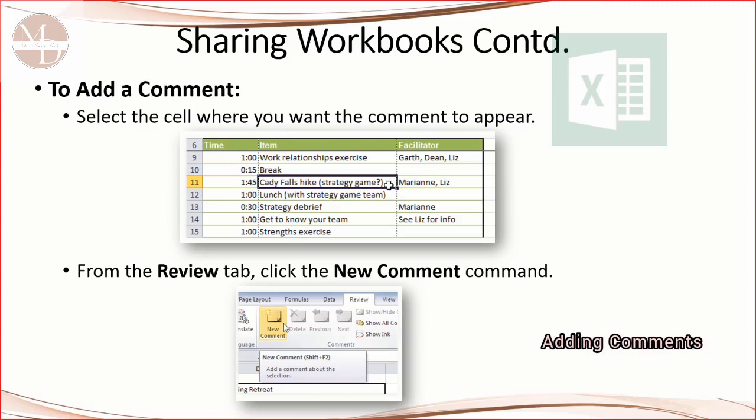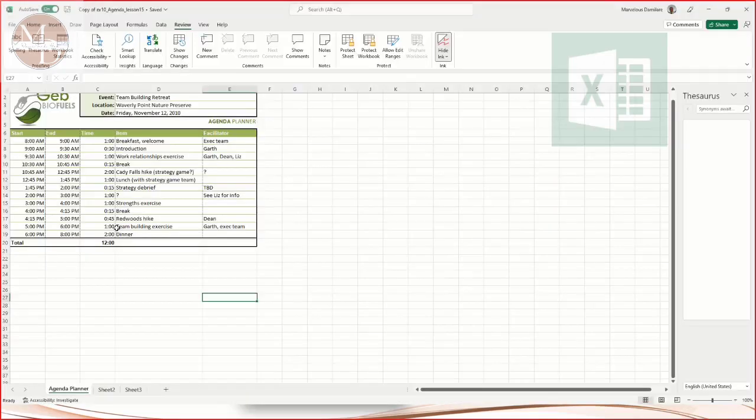Now, sharing workbook, to add a comment in your workbook, select the cell where you want the comment to appear. Then from the review tab, you can click on comments. Now let's go back. In this place, the comment section is actually there.